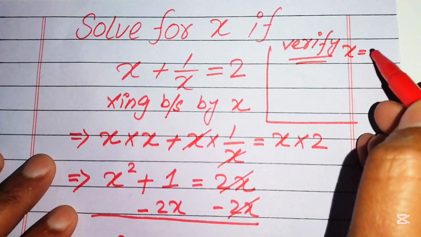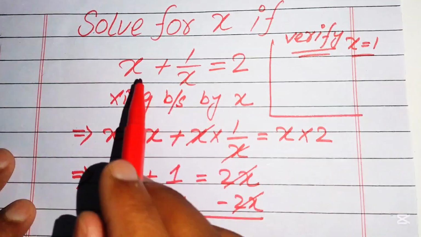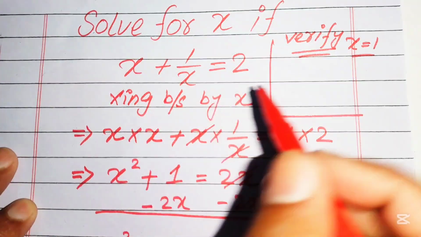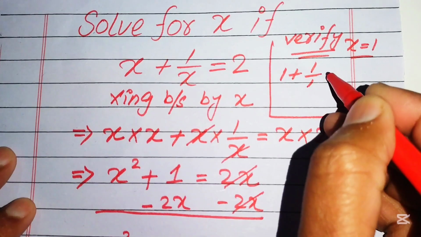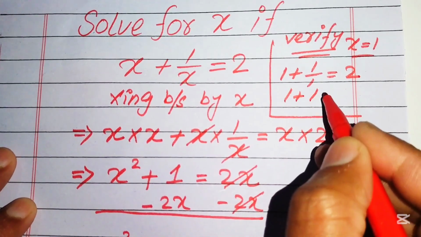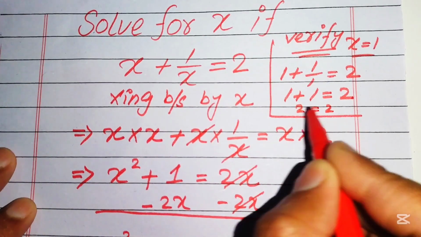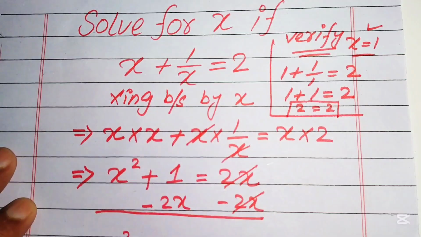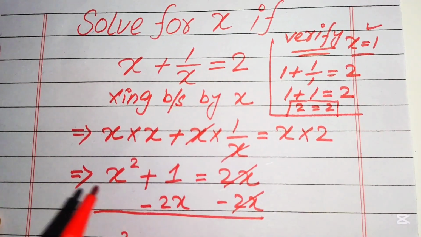Because we found x equals 1, we substitute this value into the left hand side of the given equation, so it is written as 1 plus 1 over 1 equals 2. Here 1 plus 1 is 2, which equals 2. This shows that the value of x satisfies the given equation, and this is the final answer.